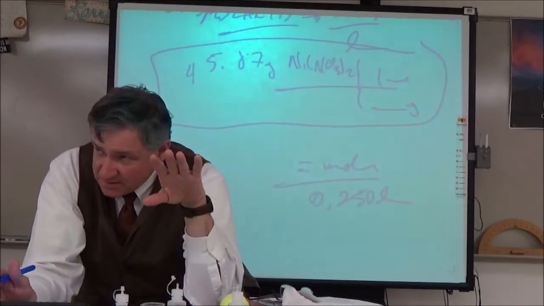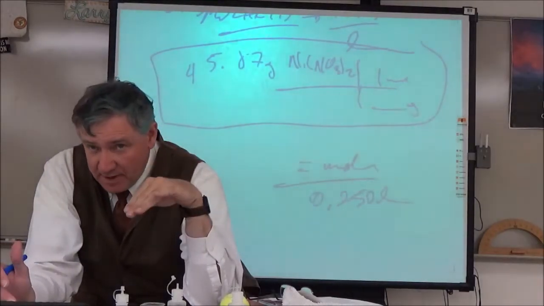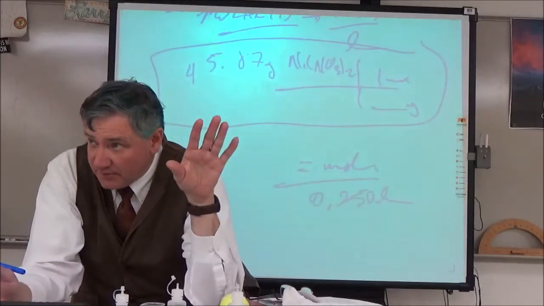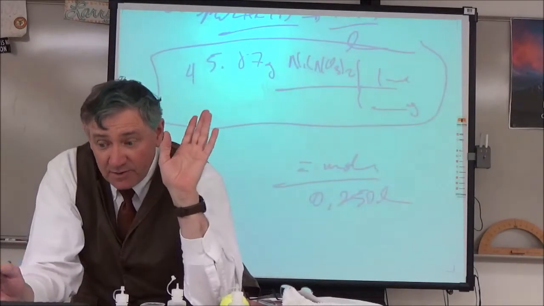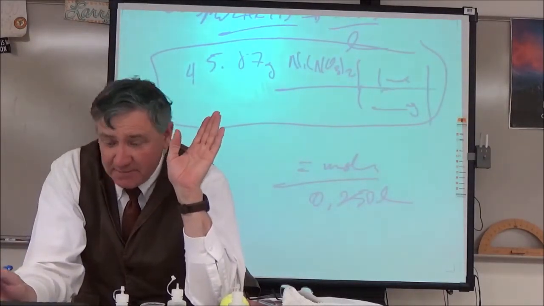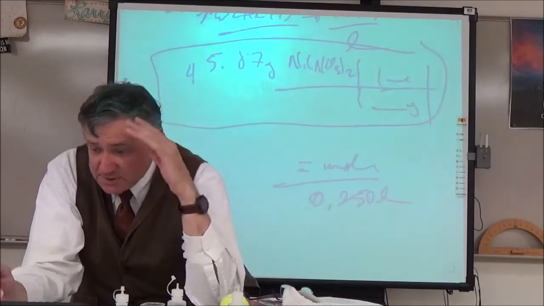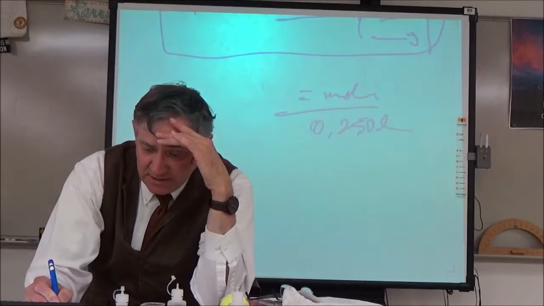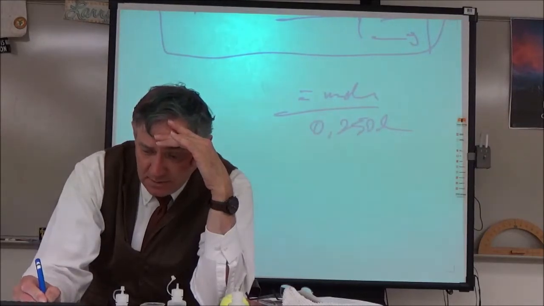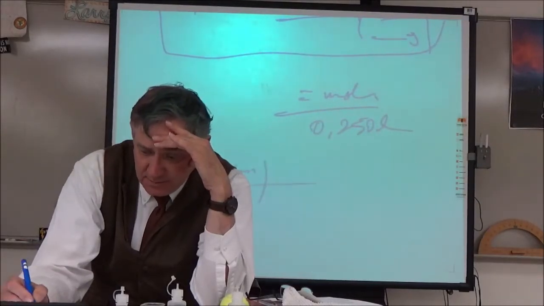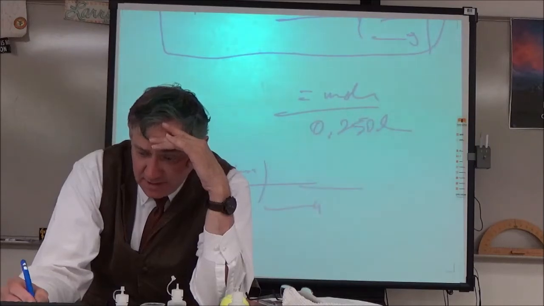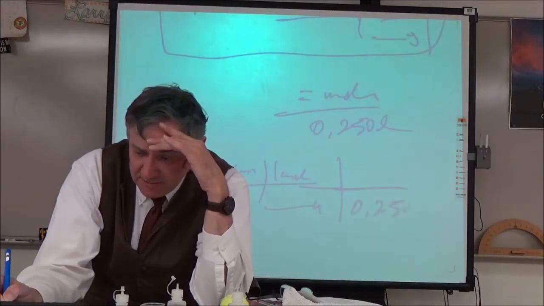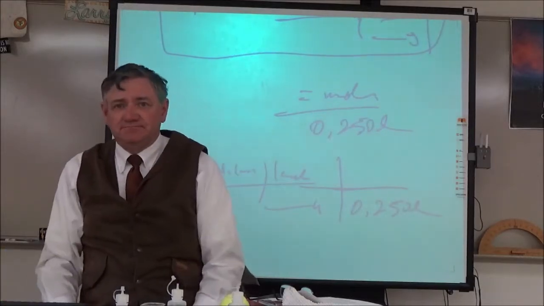So if you like a step-by-step process, find the moles by itself, take the moles, divide it by the liters, boom, you're off to the races. Now, if you're like, oh, but Mr. Burkamp, I like working it in one big equation. Okay, fine. Start with the 45.87 grams of nickel 2 nitrate, some number of grams, 1 mole, and then down here just divide by that 0.250 liters. Okay?